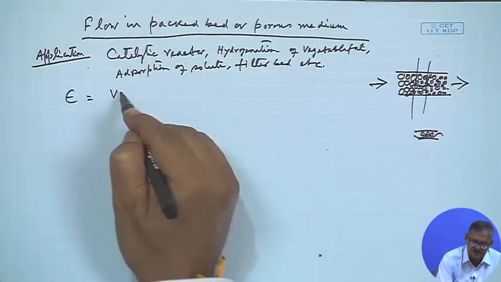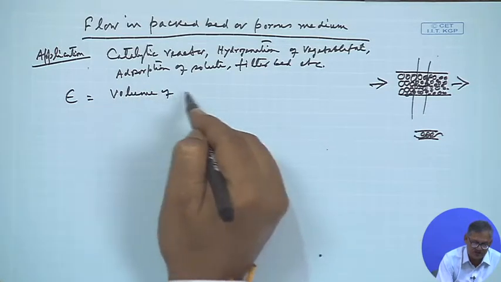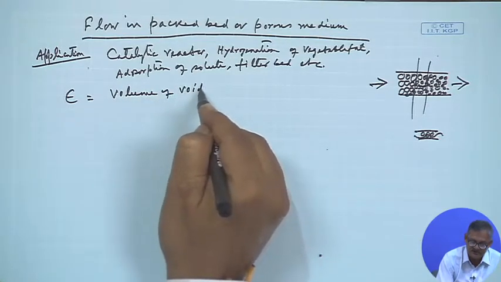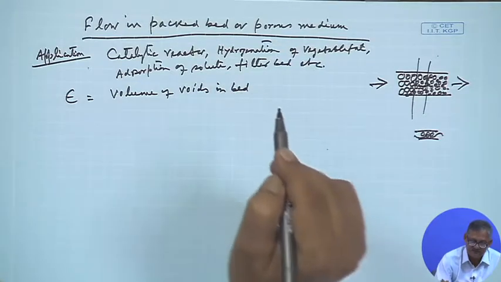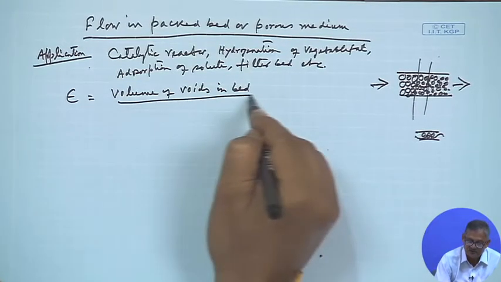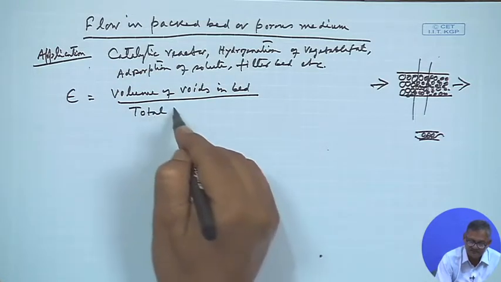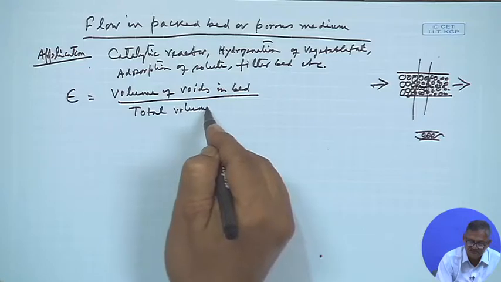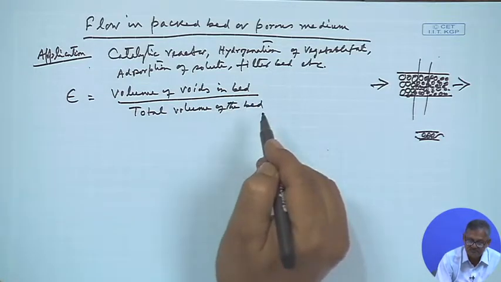This is called volume of voids in bed over total volume of the bed, right?